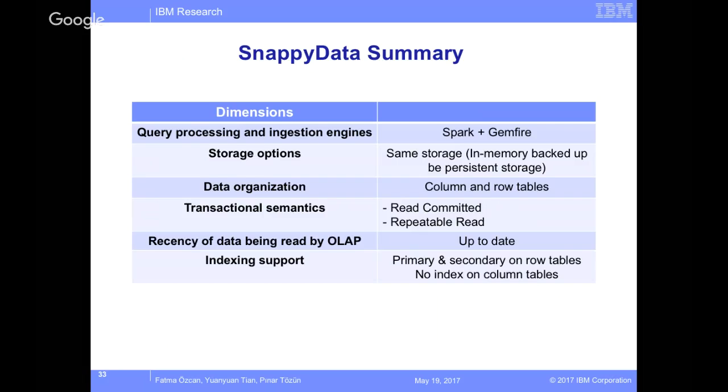And then it's backed up by persistent storage. In terms of storage organization, it supports column and row tables, but no mixed format for a single table. Then two levels of transaction semantics, and OLAP reads up-to-date data. Primary and secondary index on row tables only, no index on column tables.